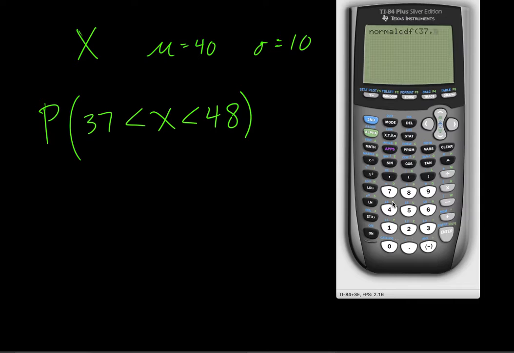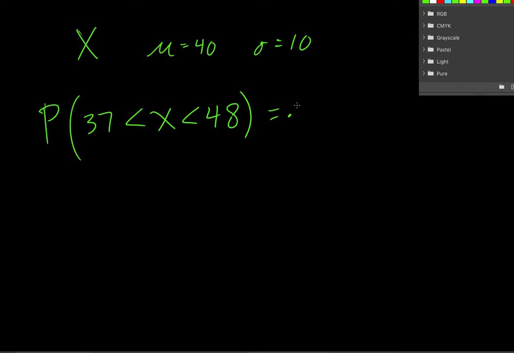Then we plug in our upper bound, which is 48. And then we plug in our mean, which is 40. And we plug in the standard deviation, which is 10. Just hit enter. And so our probability is 0.406, or about 41%.